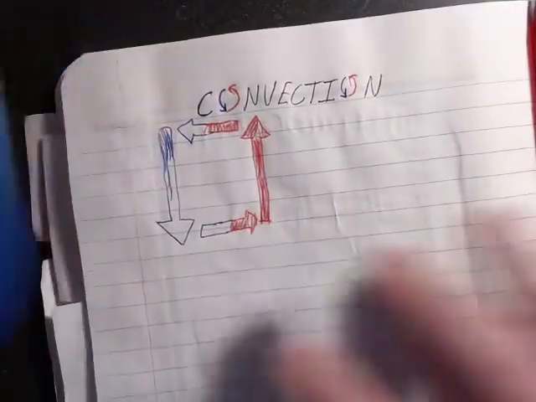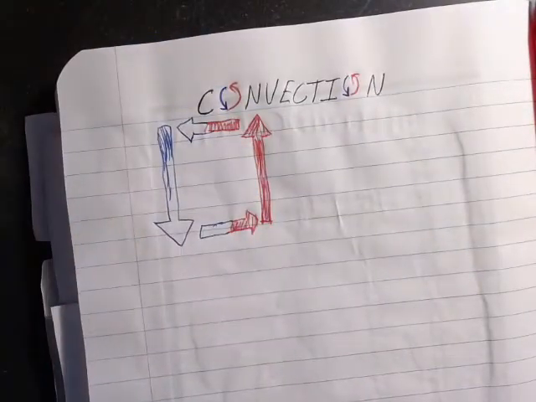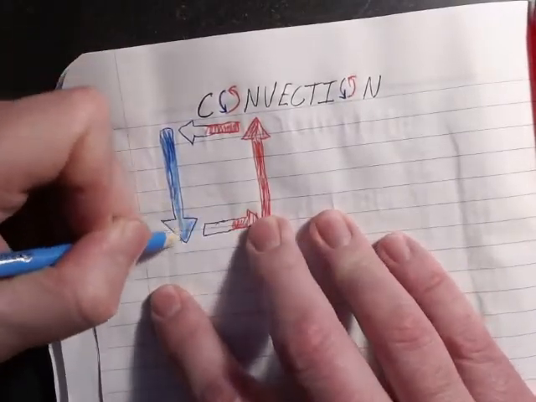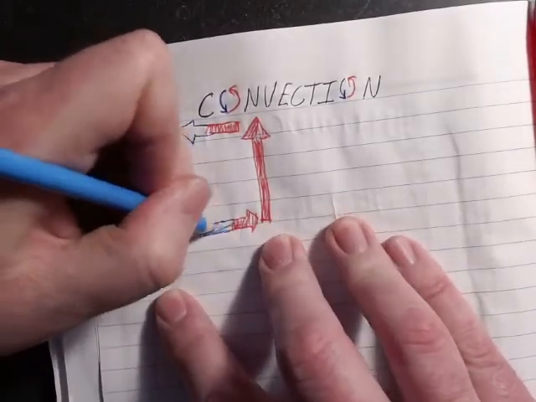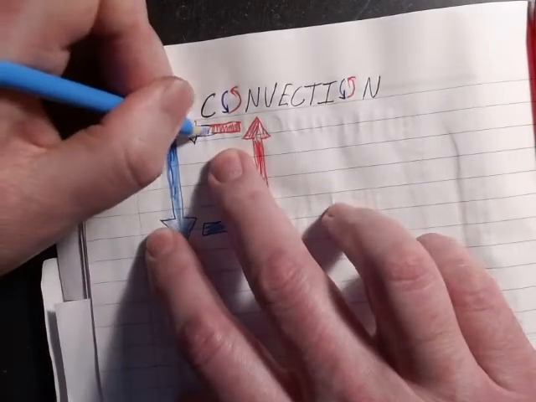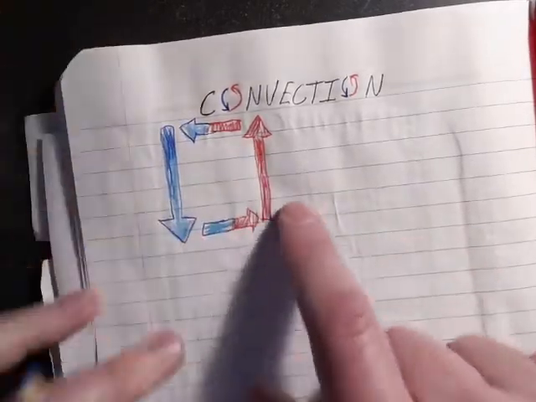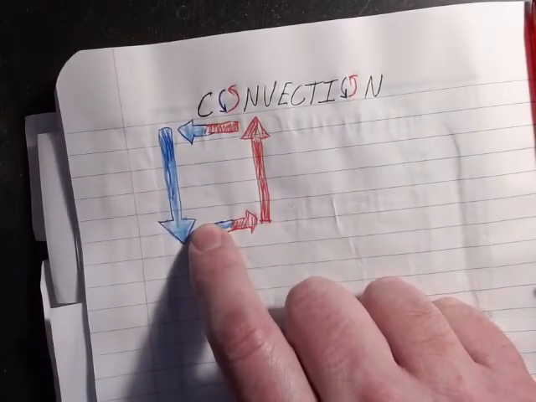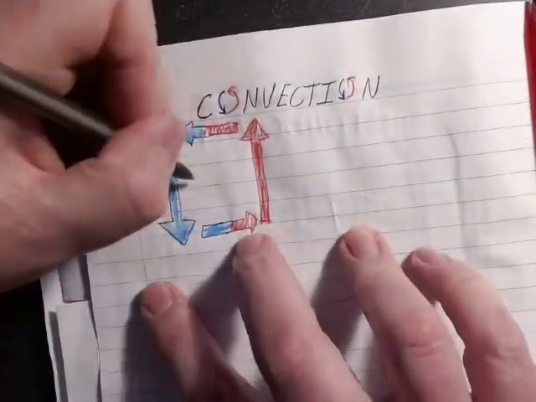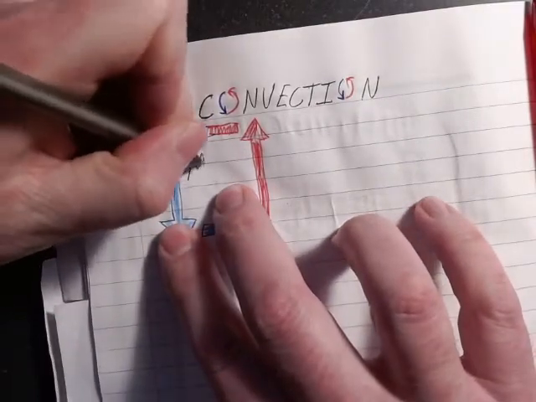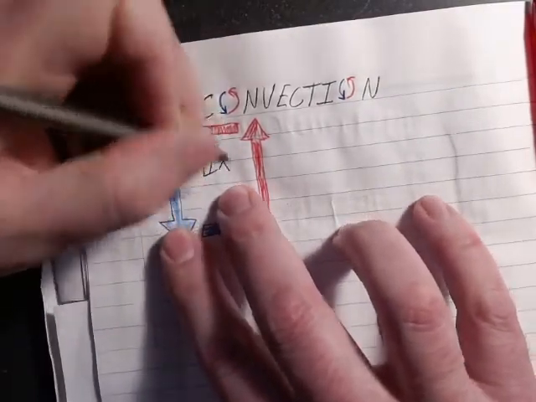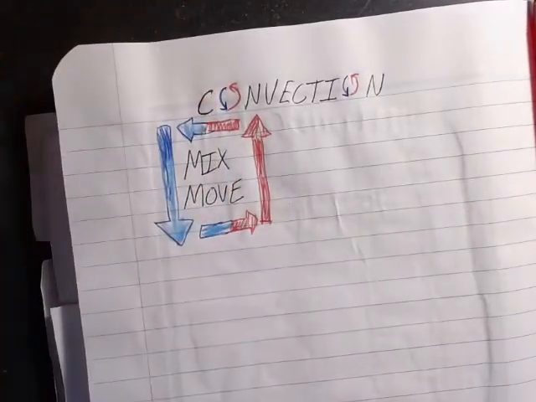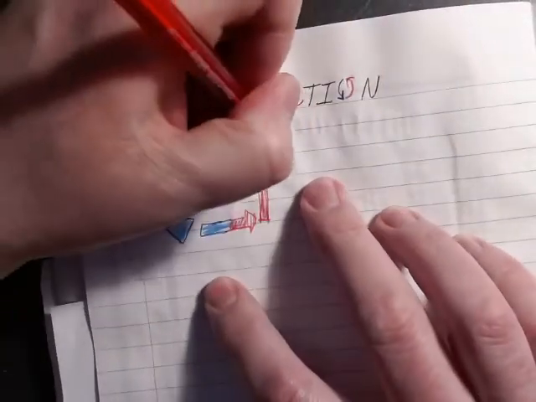You know what? Color pencil would be faster. And this movement is convection. This movement causes a mixing. Mix or move. So warm rises.